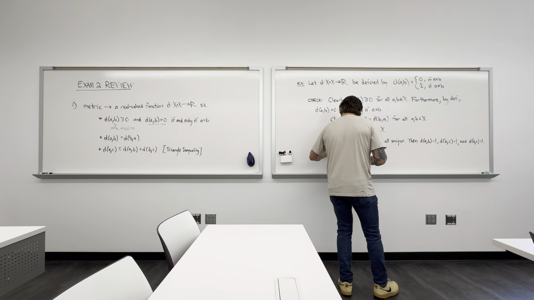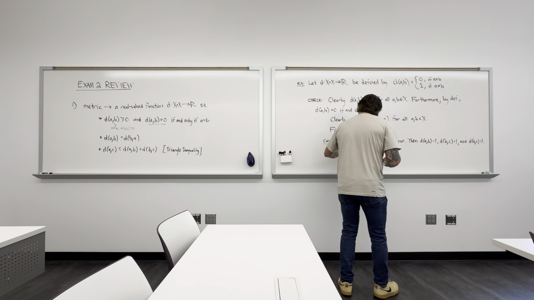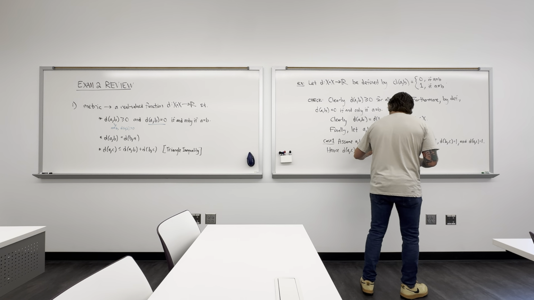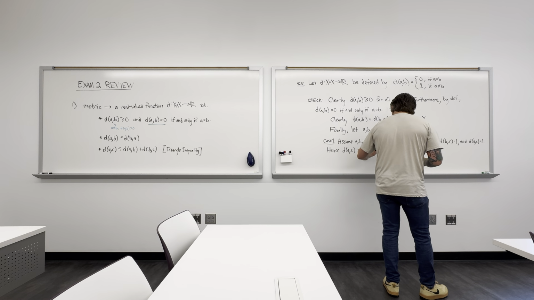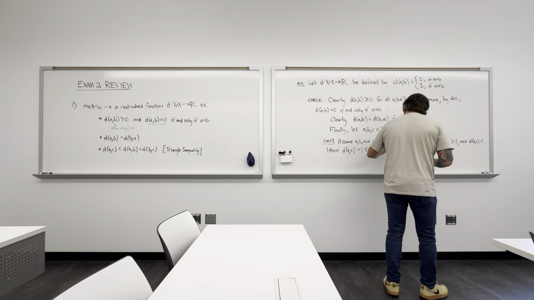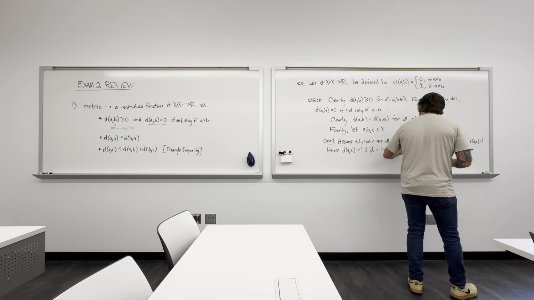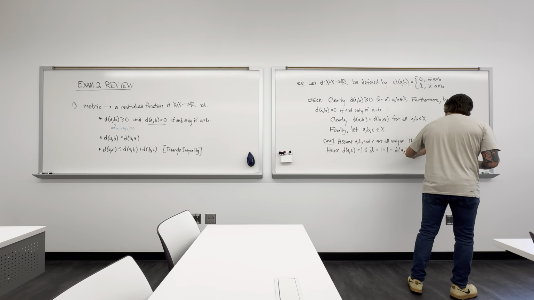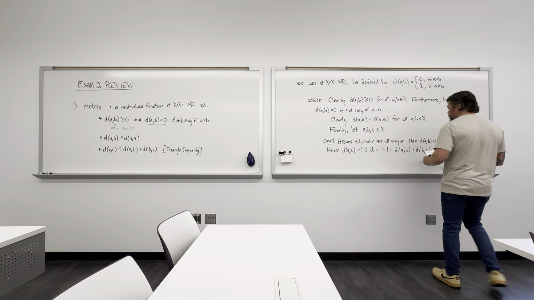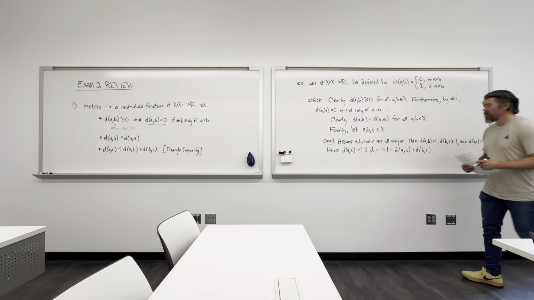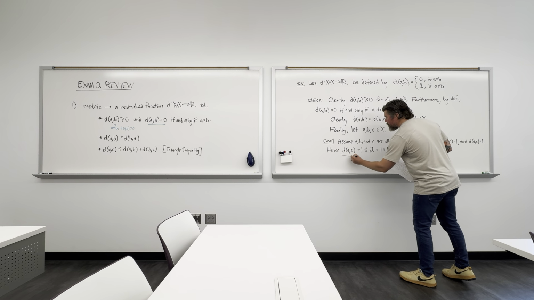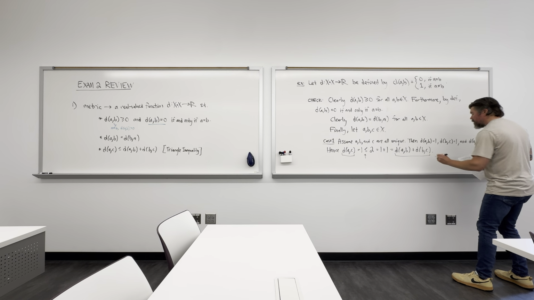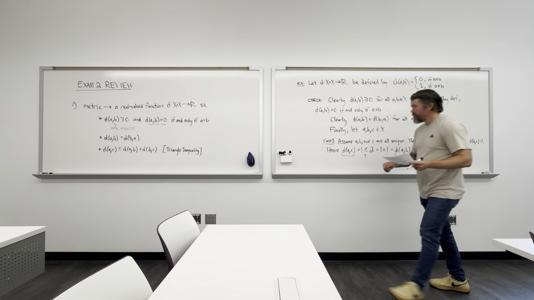Hence, d of AC, which equals 1, is less than or equal to 2, which is 1 plus 1, which is d of AB plus d of BC. So we've shown that this statement is less than or equal to this statement here.